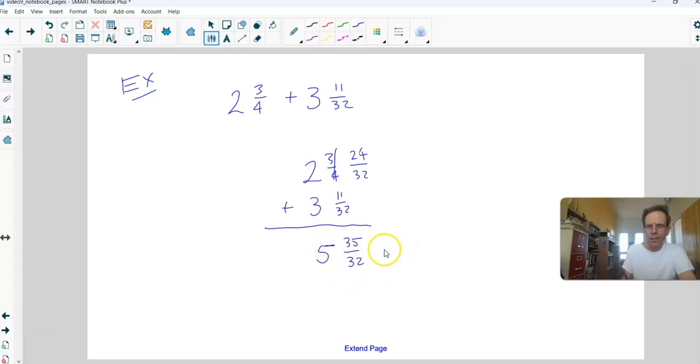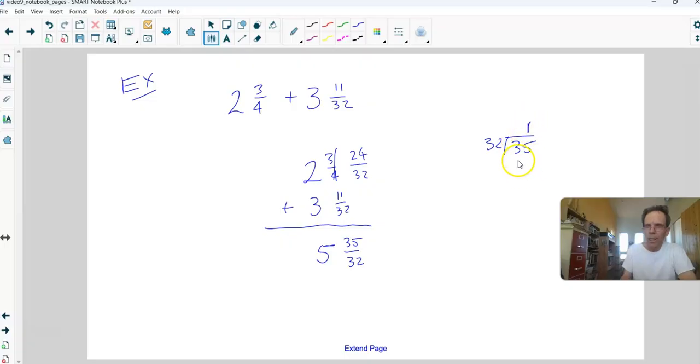And, you know, this is interesting. The fractional part is an improper fraction. It's bigger than 1. We really need to carry that 1 over to the 5. It's easiest to see if you write 35/32 as a mixed number. So what is that? It'd be like dividing 32 into 35.